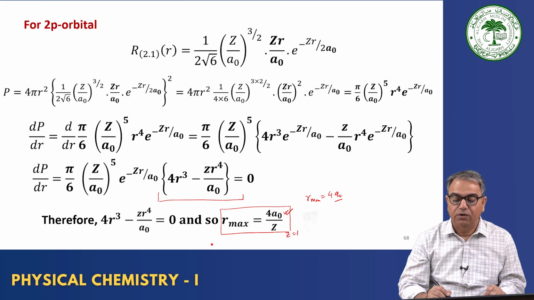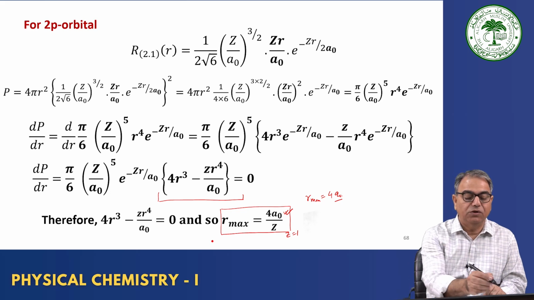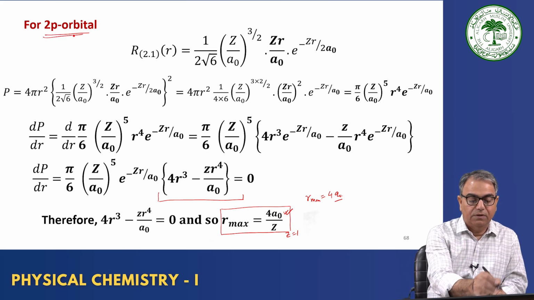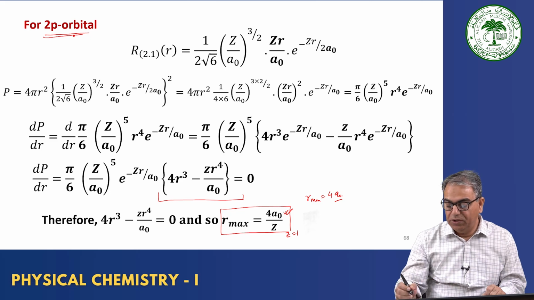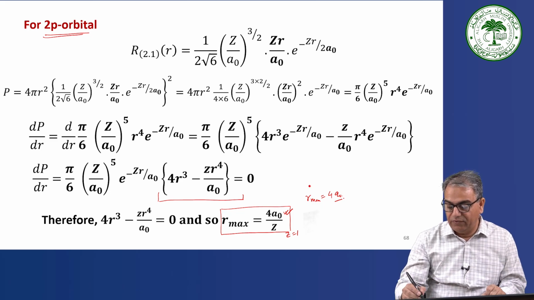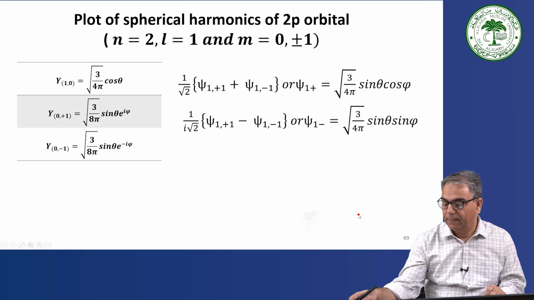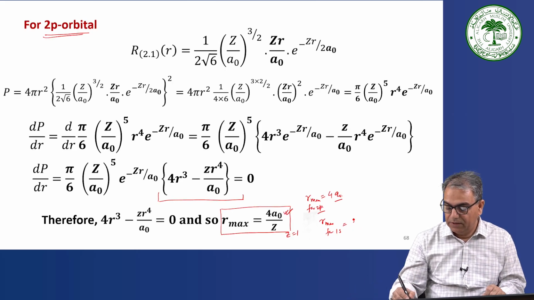And what is the node? Where is the node? Can we calculate the node here? It's for the 2p orbital. For R maxima for 2p and R maxima for 1s, we have found it is only one a naught.